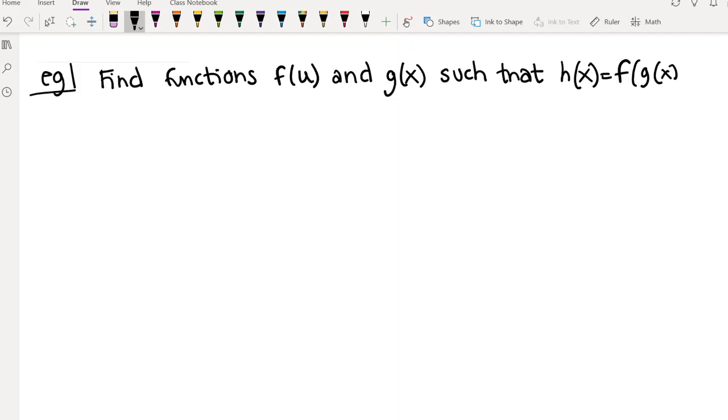So f is the outside function and g of x is the inside function. So with these, let me start by writing down the first example before I start talking more. So let's start with this one. Let's start with h of x is equal to e to the sine of x.